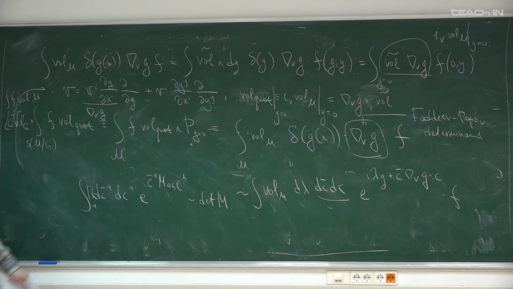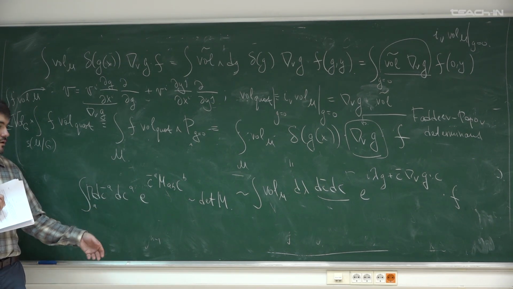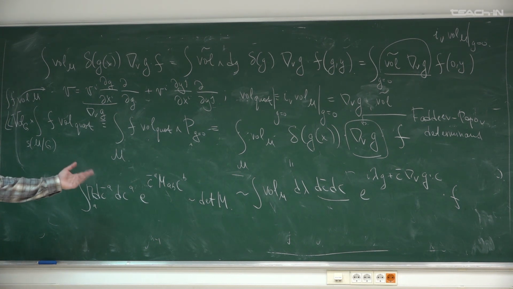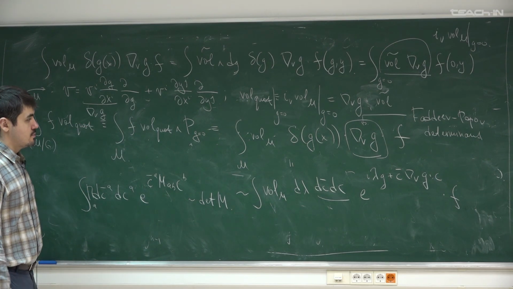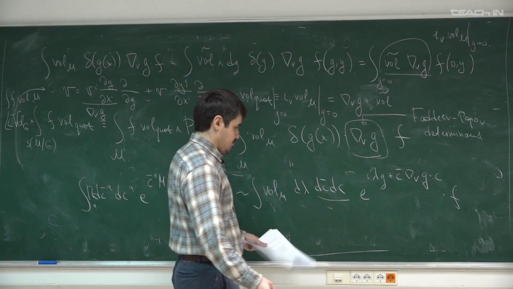You expand the exponent to the correct power. Then because the c's are anti-commuting, you get the epsilon tensor, and that's why you get a determinant. So this can be done in the general case, and that's why it's called the Faddeev-Popov determinant. And these c bar c are called Faddeev-Popov ghosts.